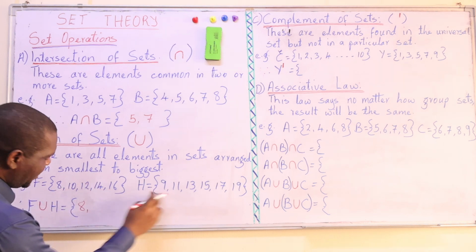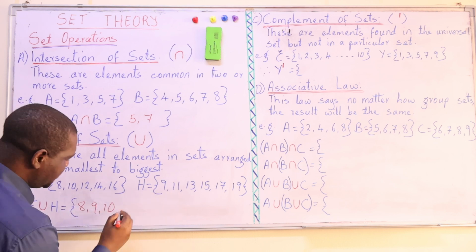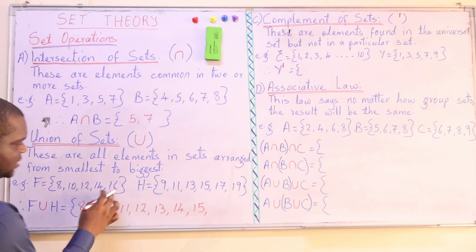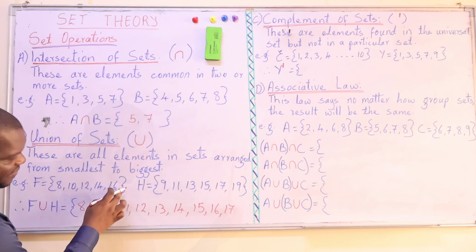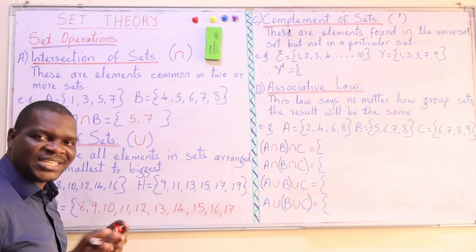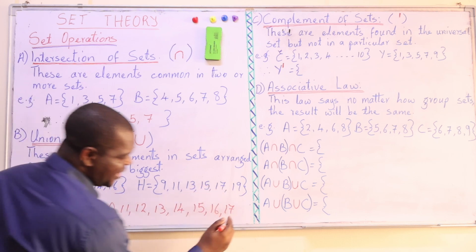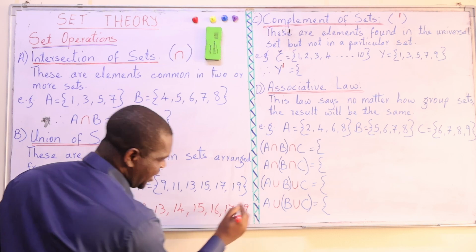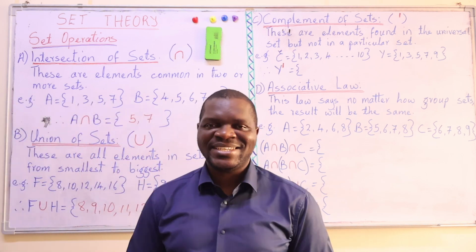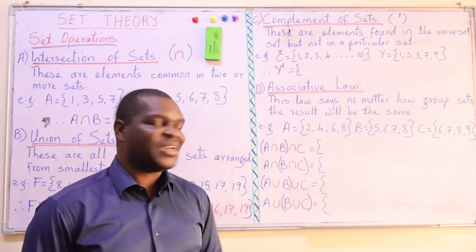The next is 9, 10. We have 11, 12, 13 here, 14, 15, 16, 17. We don't have 18, so take note, you don't include an element that is not present in any of the sets, but we have 19. So 19 here will be the last element. If this is understood, then let's proceed to the next aspect of operation.